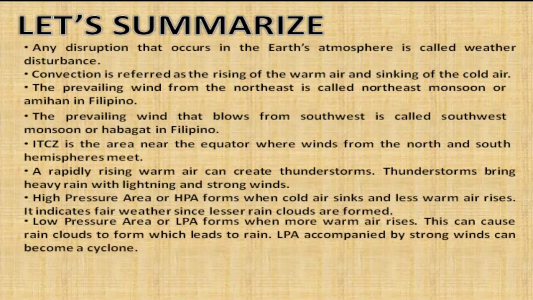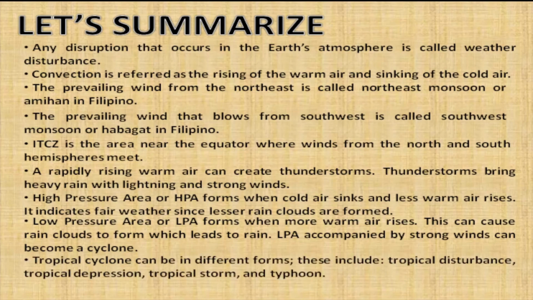Low pressure area or LPA forms when more warm air rises. This can cause rain clouds to form which leads to rain. LPA accompanied by strong winds can become a cyclone. Tropical cyclone can be in different forms. These include tropical disturbance, tropical depression, tropical storm, and typhoon.